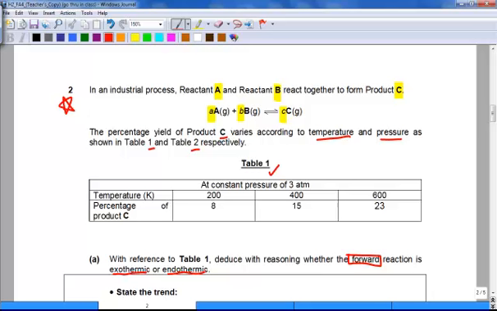Recall that every time we look at endo or exo, we look at temperature change, so temperature is the factor. Here, we are given temperature. You notice as temperature increases from 200 to 600, the percentage of product C also increases from 8% to 23%.